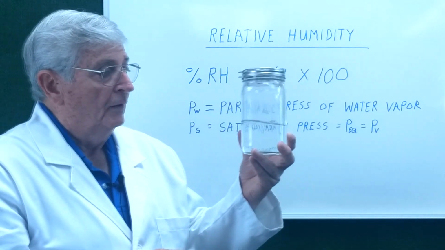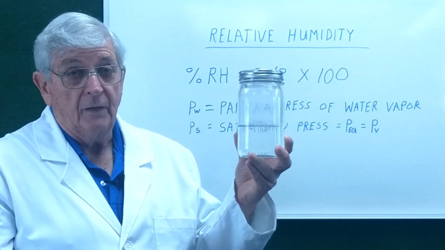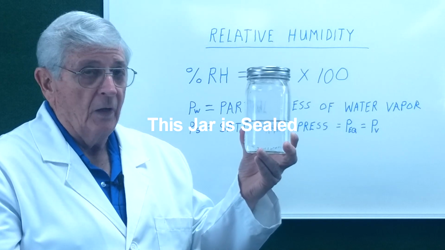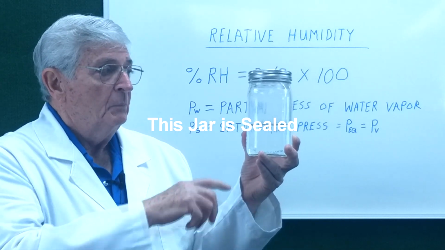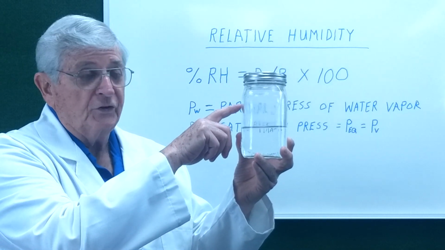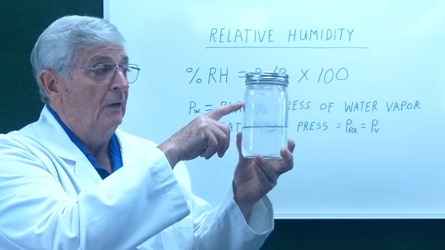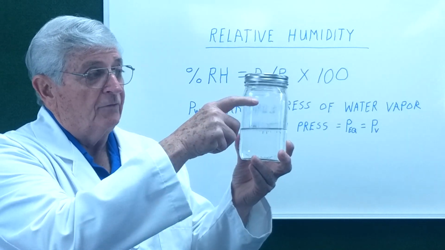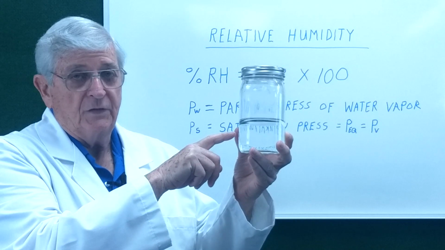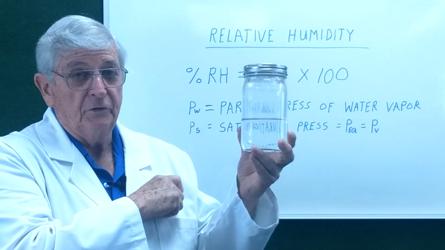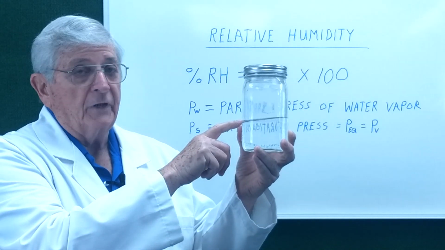Now in this jar, the water is not boiling. It's not evaporating because the partial pressure of the water vapor in this confined volume is equal to the vapor pressure that the water can produce.